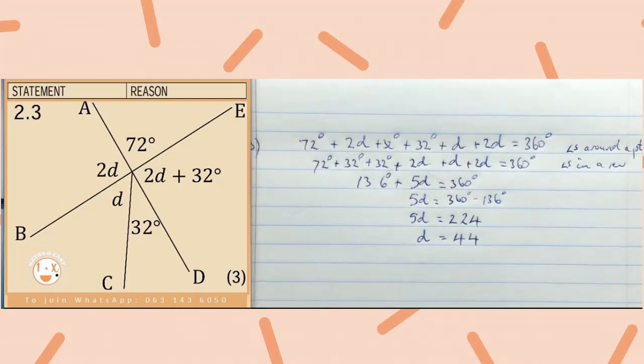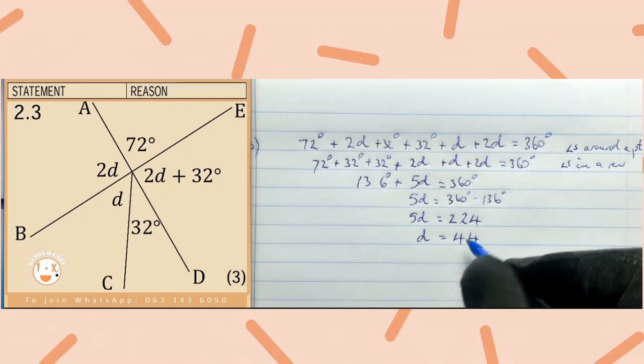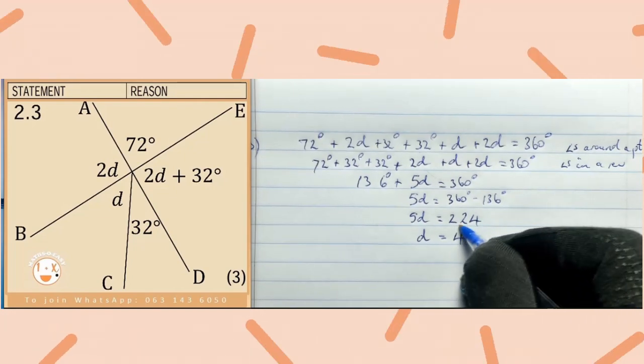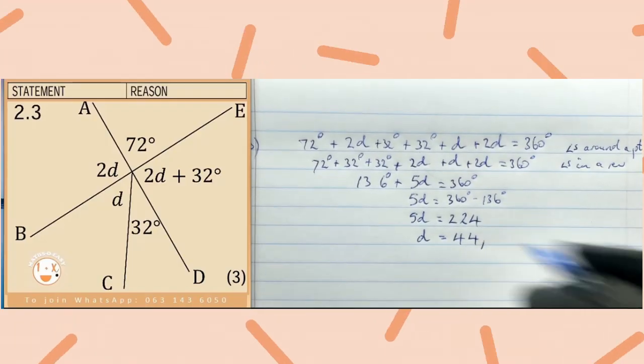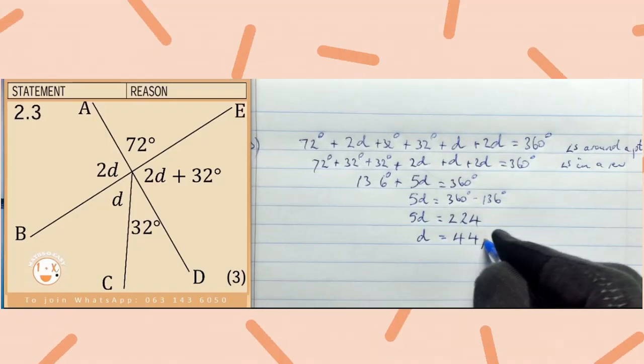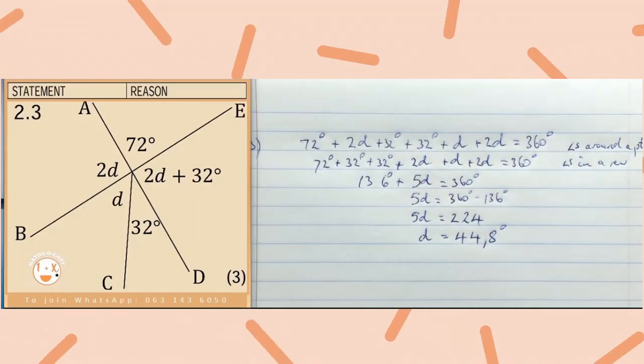So if you don't have a calculator, you can simply say 224 over 5 for your D. So this one is 44.8. Examiners were nasty here. Look at how much time it took me. You saw with my calculator, I was able to get that quickly.